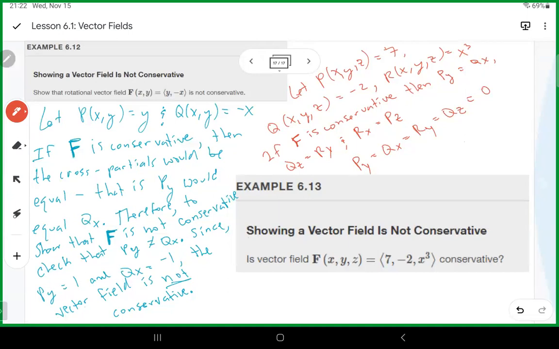So the first two necessary equalities hold. However, R sub x equals 3x squared and P sub z equals 0.